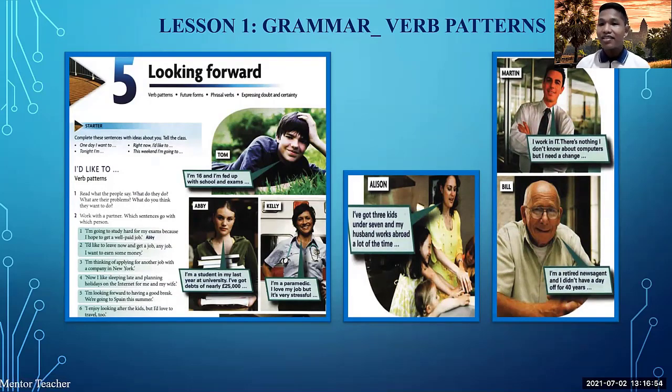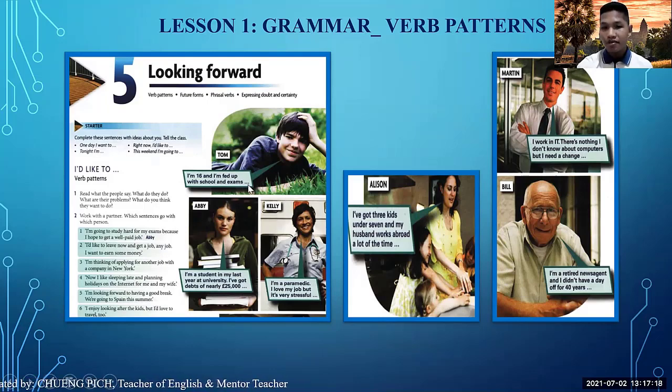If you look at the pictures here, you would see some people, right? We can see Tom, Abby, Kelly, Allison, Martin, and Bill. Great job. So this time, I want you to read the messages from each person.